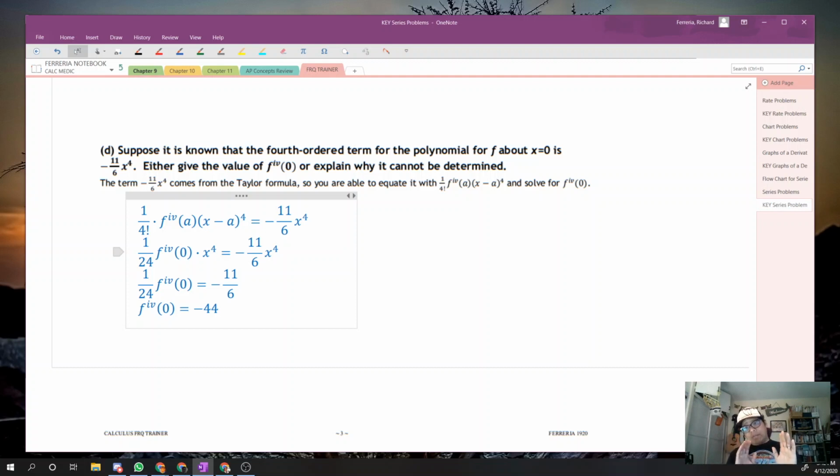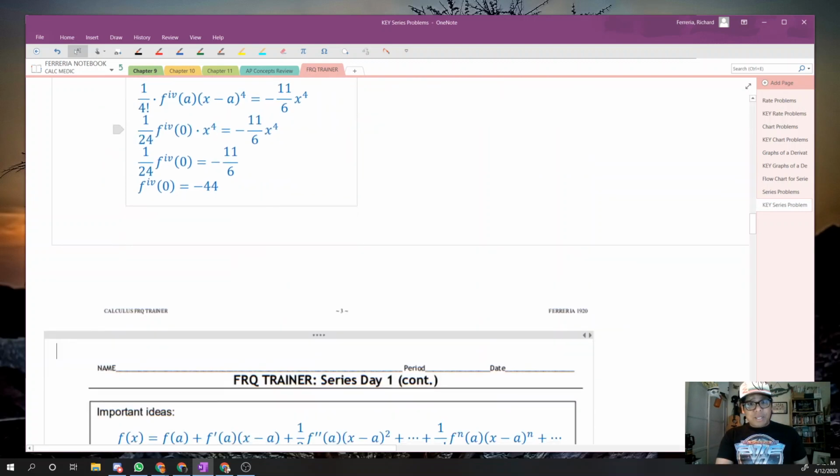You have to have some facility with derivatives and integrals. No one's going to do those for you. And the quicker and easier it is for you to integrate and differentiate, the easier time you're going to have with these problems. So that being said, let's take a look at the box.